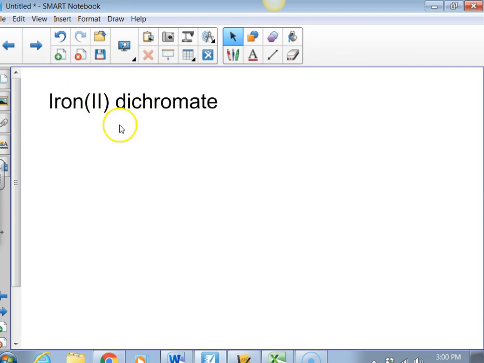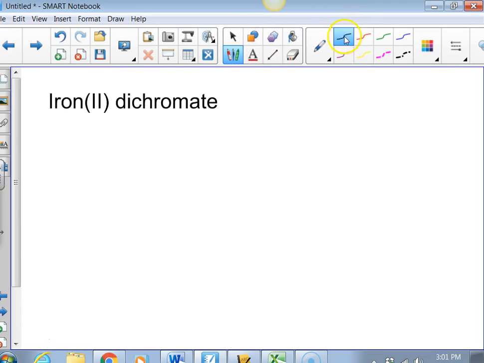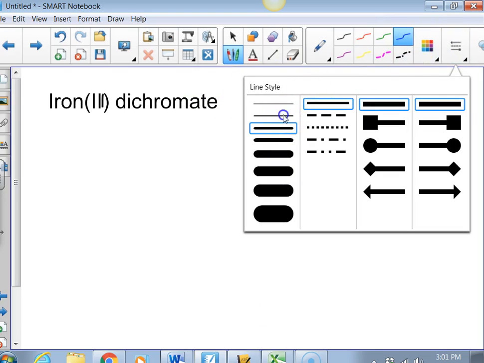Okay, our last of this type problem is iron 2 dichromate. But this is a typo. This is actually supposed to be iron 3. So let me change that right now. Another number there. This is iron 3 dichromate. And we need a formula for that.